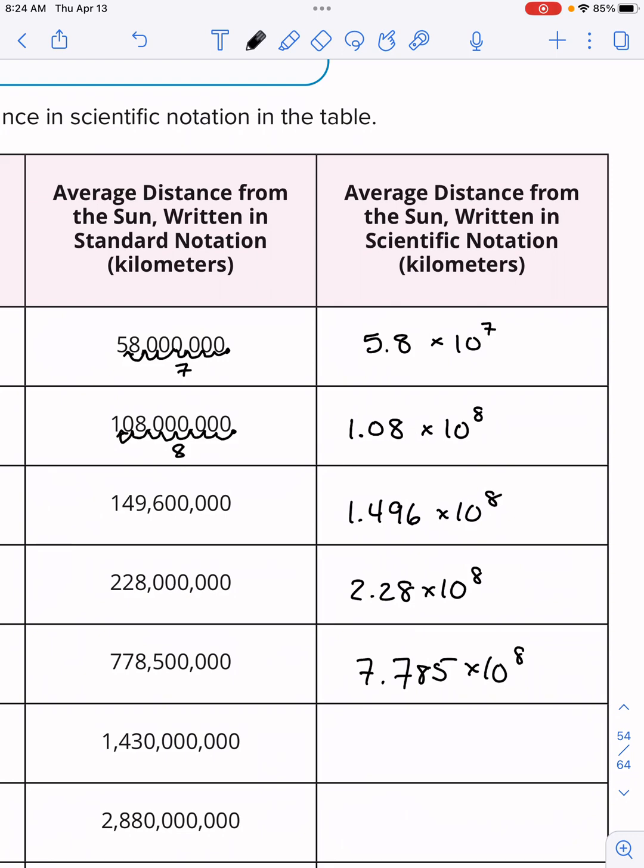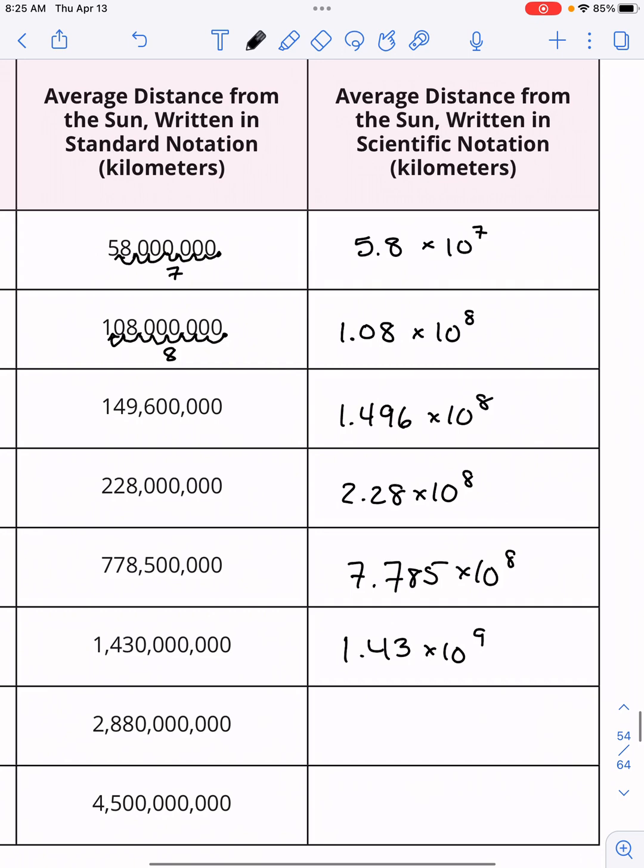And then we have some planets that are further away, so Saturn, this will be 1.43 times 10 to the 9th power. Uranus and Neptune, respectively, are 2.88 times 10 to the 9th, and the last one, 4.5 times 10 to the 9th.